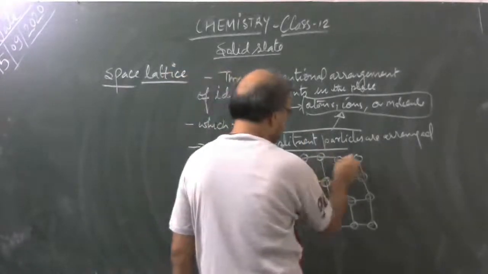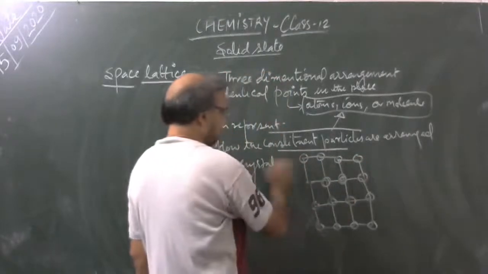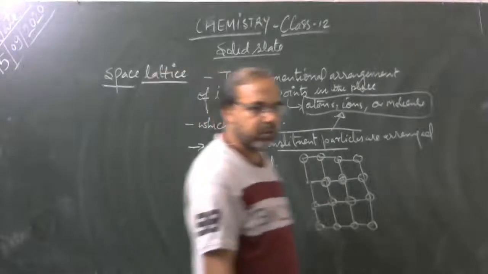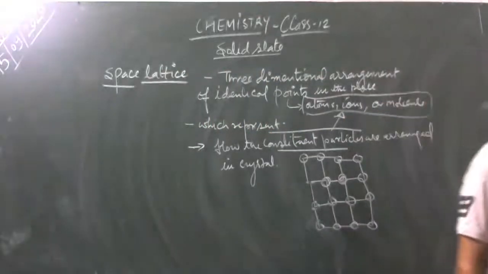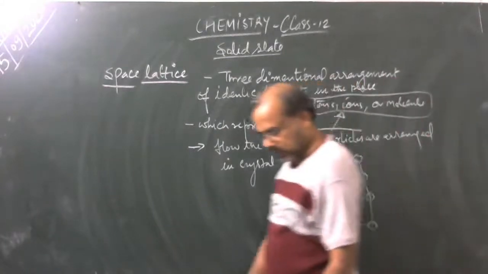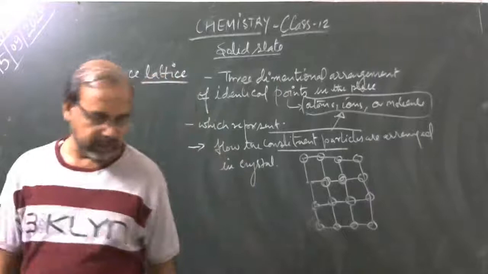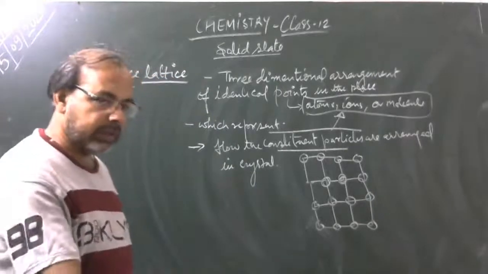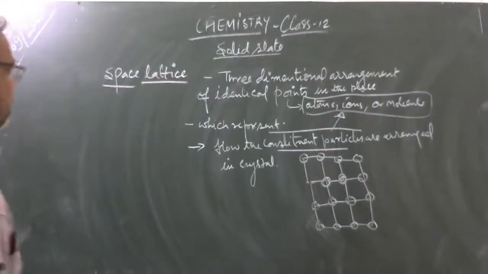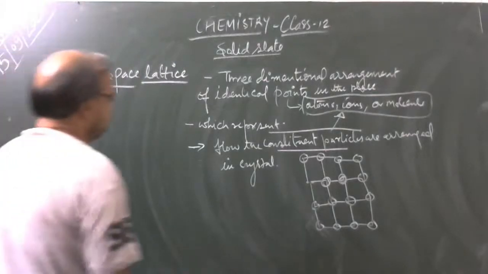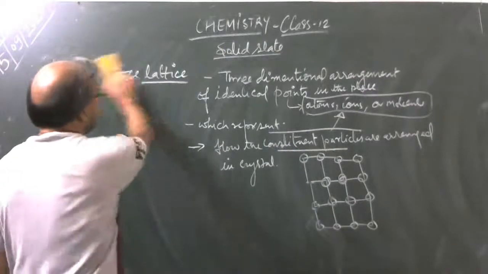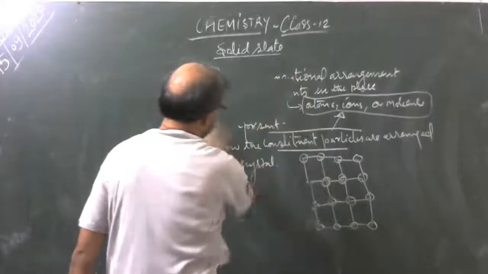These are atoms, molecules, or ions. How they are arranged in the crystal lattice, that is known as space lattice. A three-dimensional arrangement of identical points in the space, which represents how the constituent particles are arranged in the crystals, is known as space lattice.